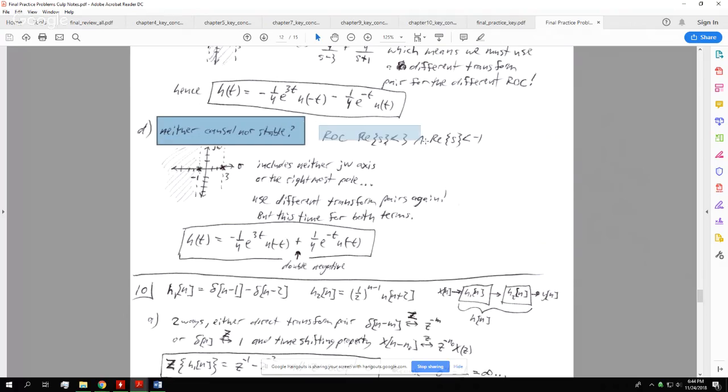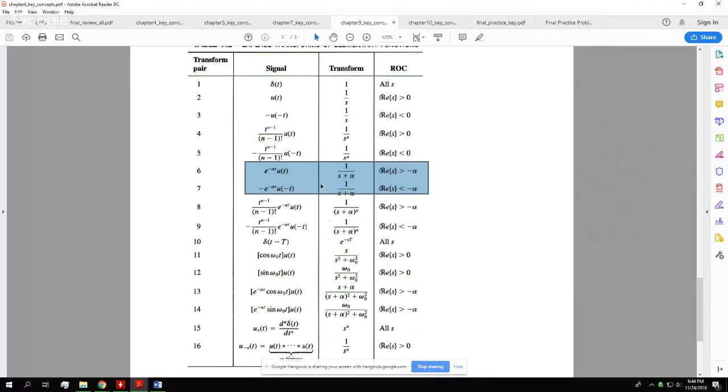And writing that mathematically, we say that the real part of s is less than 3. It's not shaded here. But it's also less than -1. So that's why we can't shade in this region, because it's also less than -1. So that means that on our transform table, both of our terms are going to be real part of s less than our number, our pole.